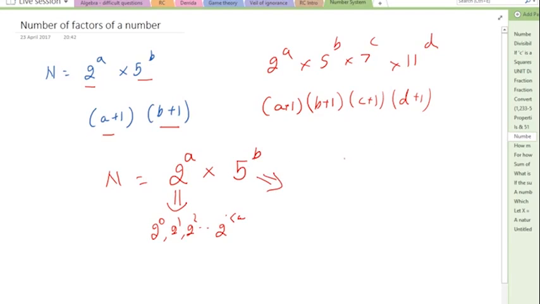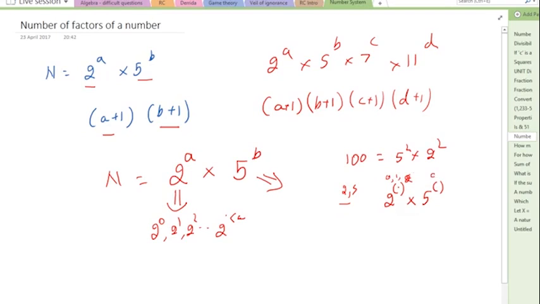Let's take an example here. If it's 100, 100 can be written as 5 square into 2 square, right? So its prime factors are 2 and 5. So any factor of 100 would be 2 to the power something into 5 to the power something. And this something has to be less than or equal to 2. So it can be 0, 1 or 2.